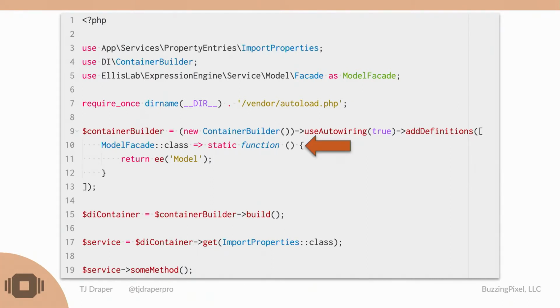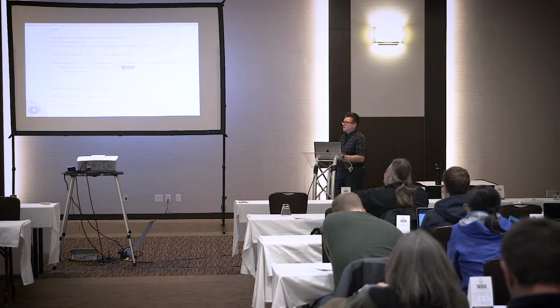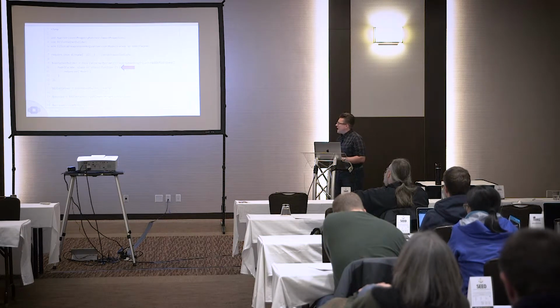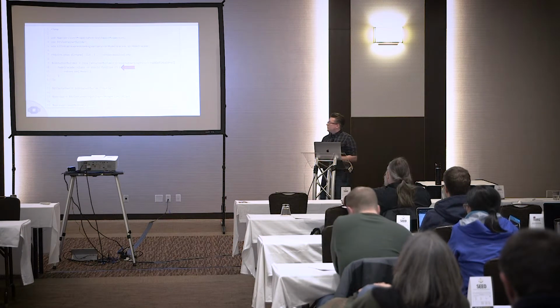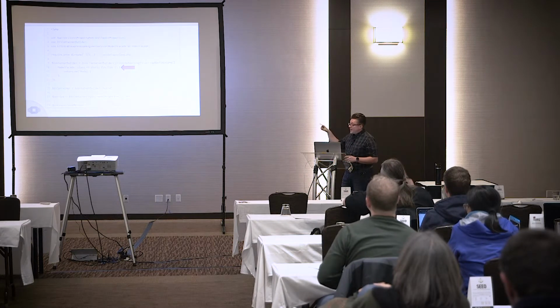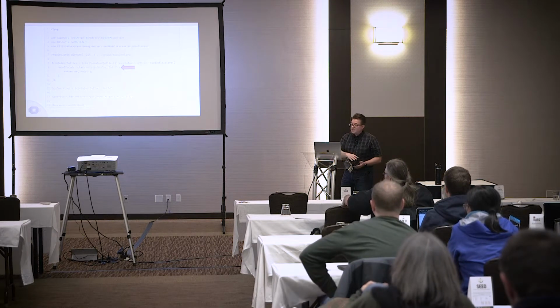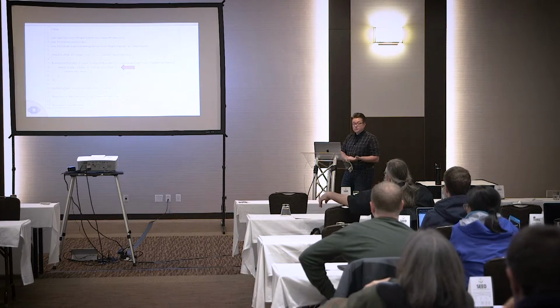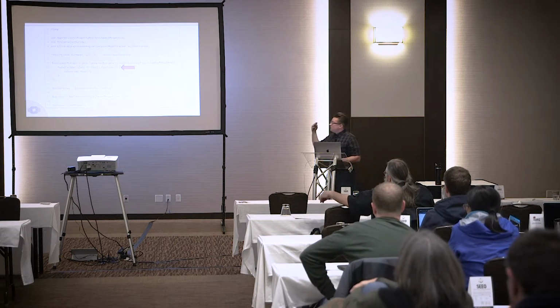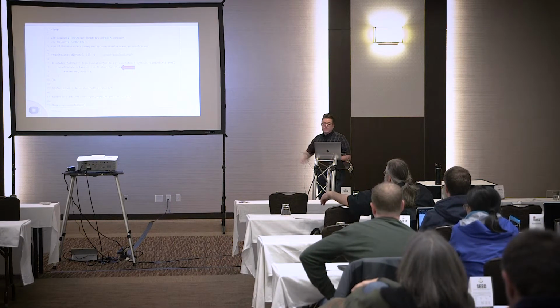And I'm doing what's called a callback function here, because when you build a dependency injector container in the context of ExpressionEngine, more than likely you're building this before ExpressionEngine itself is booted up. And so the EE global method there would not be available. And so what we're doing is a callback function. This function will not actually be run until you get later into the context of your application when EE is booted up. And so when this method is run, then that will actually be available.